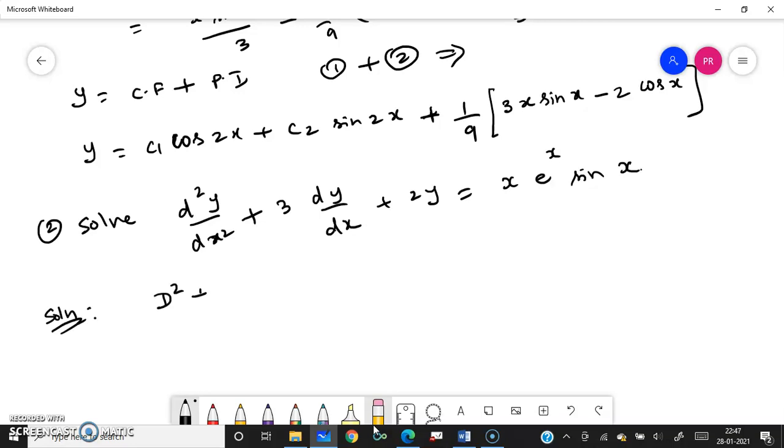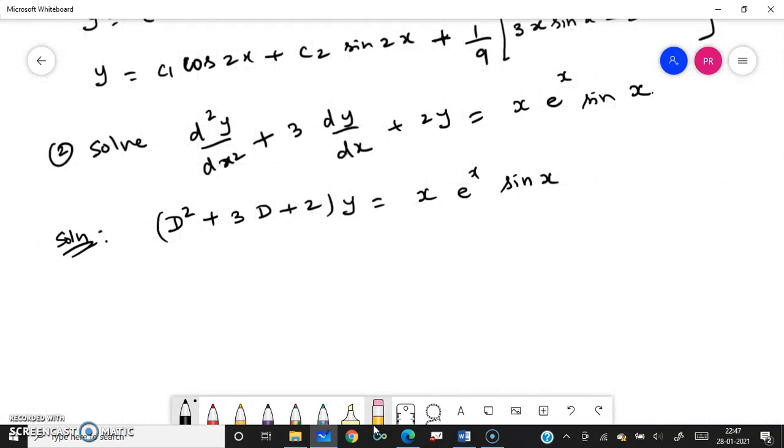You should convert into d square plus 3d plus 2 of y equal to x e power x sin x. Therefore, the auxiliary equation is d square plus 3d plus 2 equal to 0.